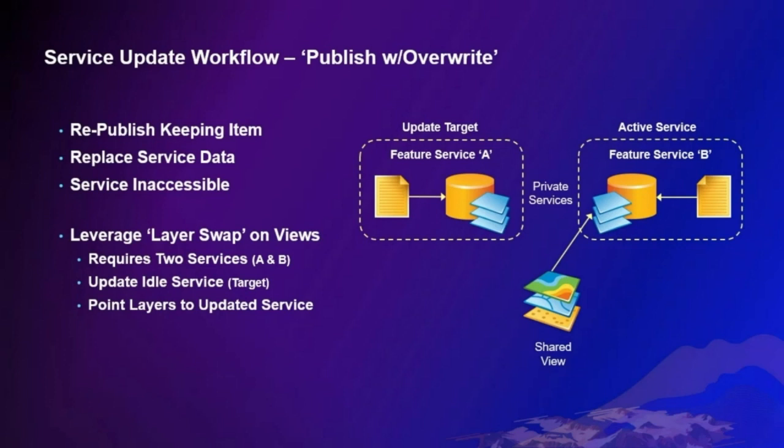Once that's done, your view is looking at a whole different service, and it only takes seconds to complete the swap. So essentially you can do an update, swap the view, and then repeat. If you have a service that updates daily or hourly, it can be handled in an automated way, where you're always updating that target or inactive service behind the scenes, and then swapping the view to point to that once it's ready.